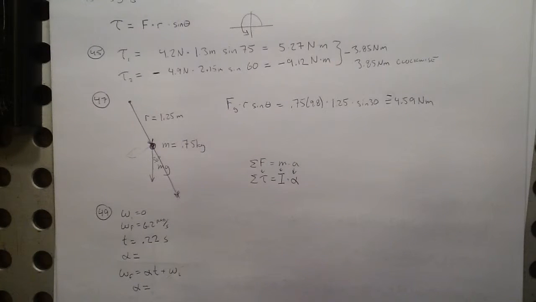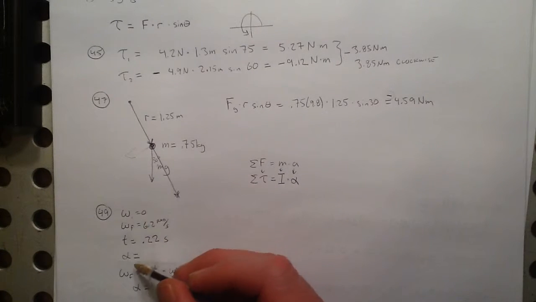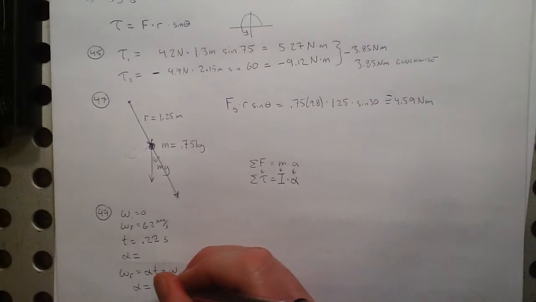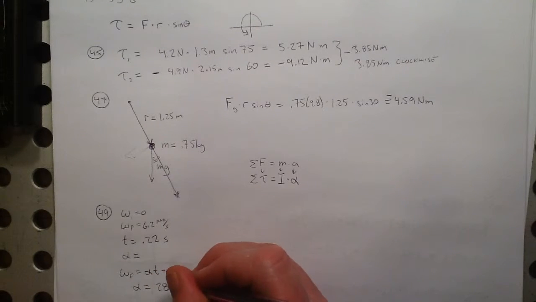So it would just be 6.2 divided by 0.22, which is about 28 radians per second per second.